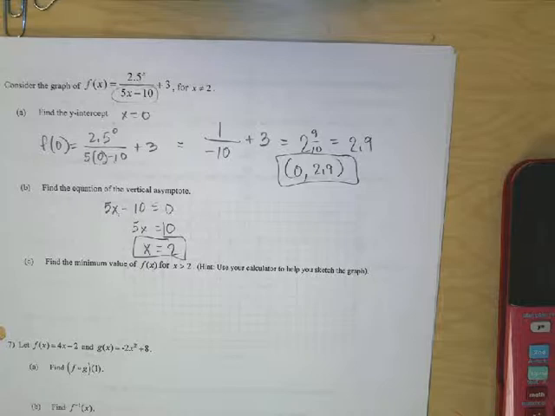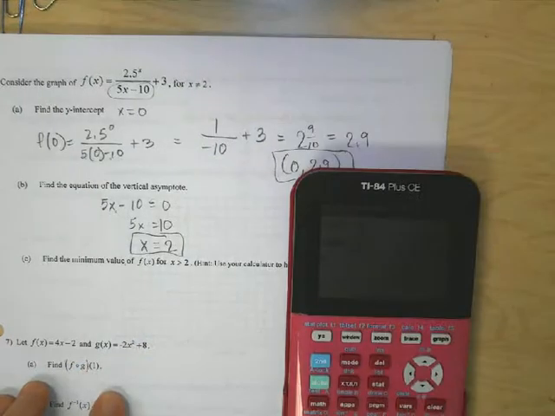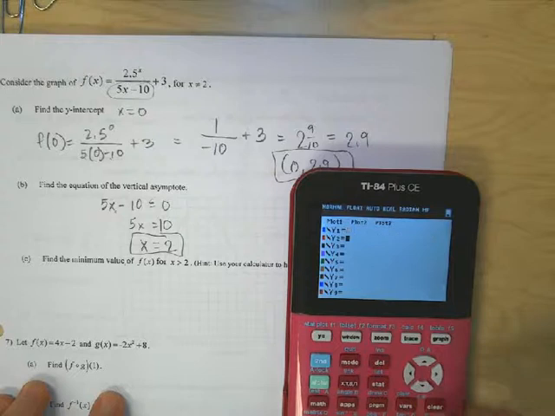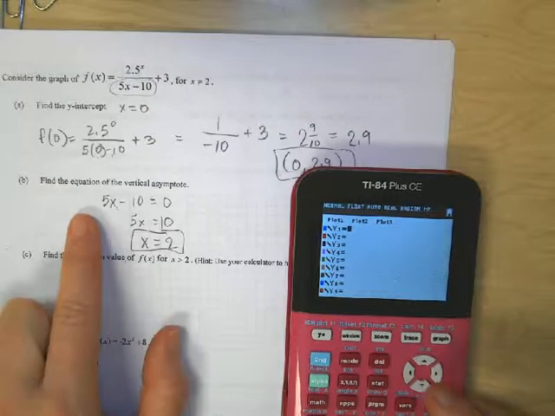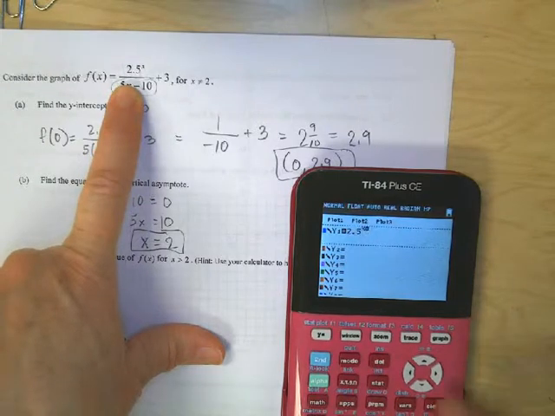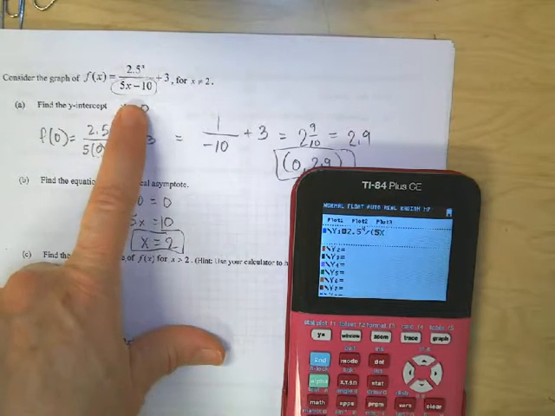All right, find the minimum value. And I gave you a hint. This is a calculator question. Okay, so we're going to grab our calculator, and we're going to type in the entire thing. So 2.5 raised to the x, and the whole thing divided by, I'm going to put this in parentheses, 5x minus 10, because all of that has to be in the denominator.